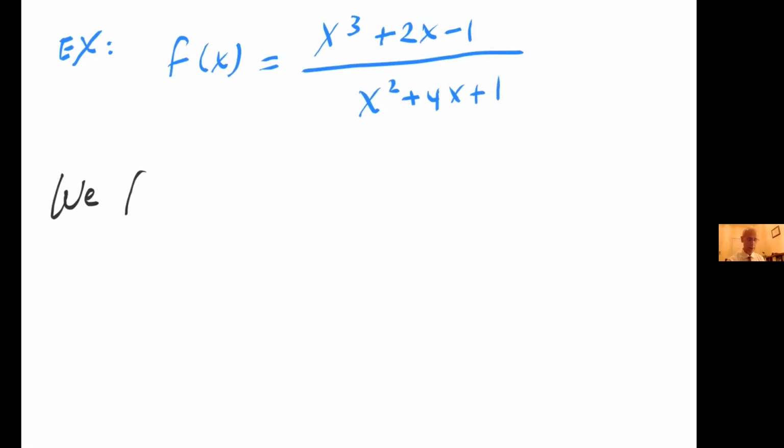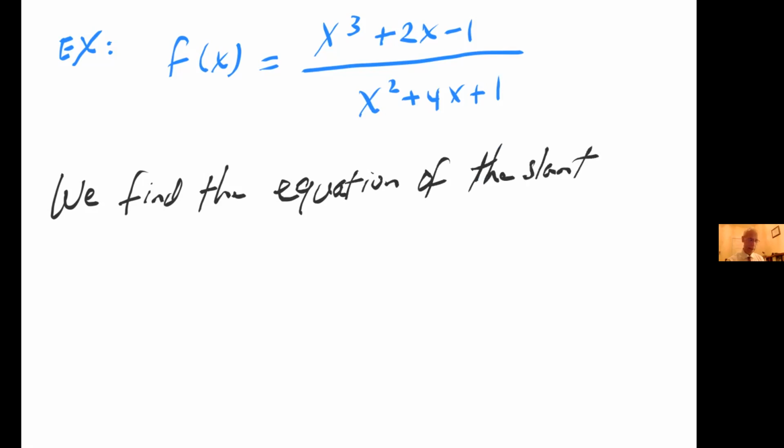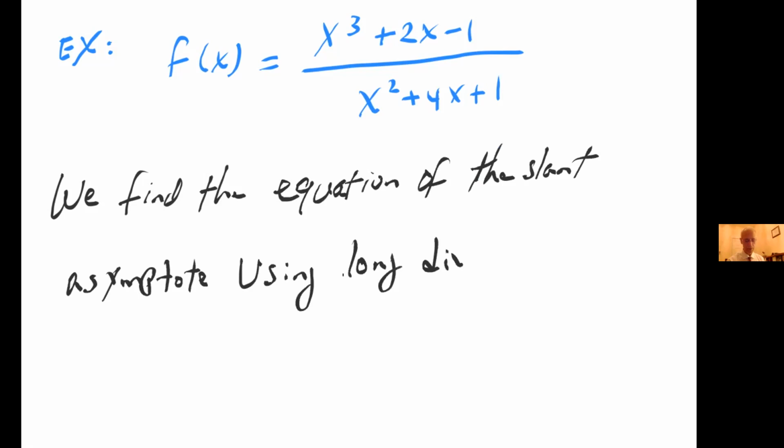We find the equation of the slant asymptote using long division.